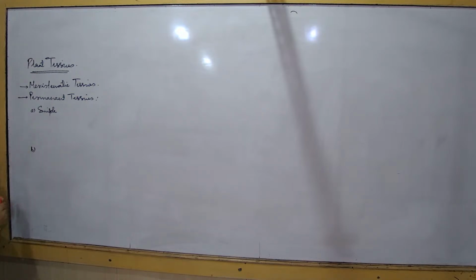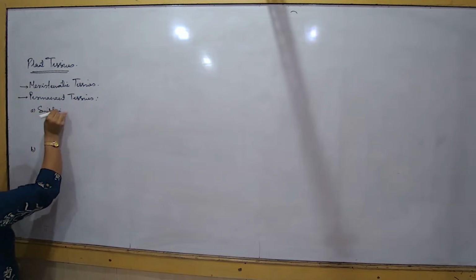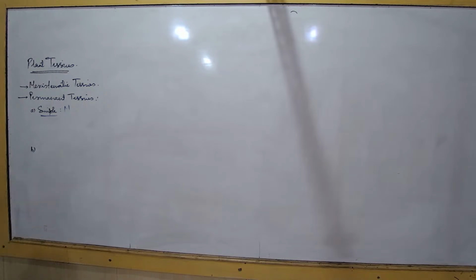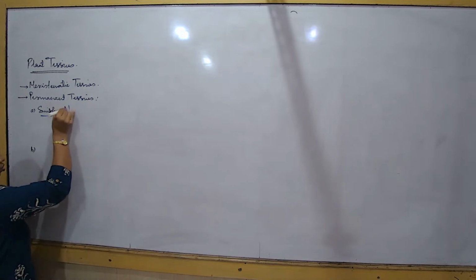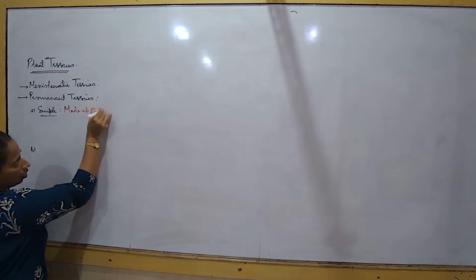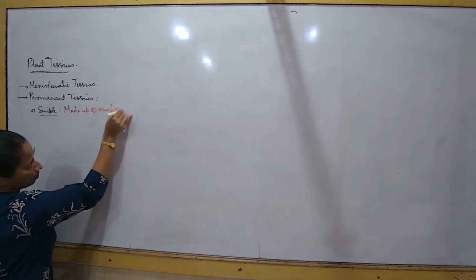What is the meaning of simple tissues? Remember, simple tissues are made up of only one type of cells. This is what we had already finished the other day, but I'm just taking a minute of revision for the terms.